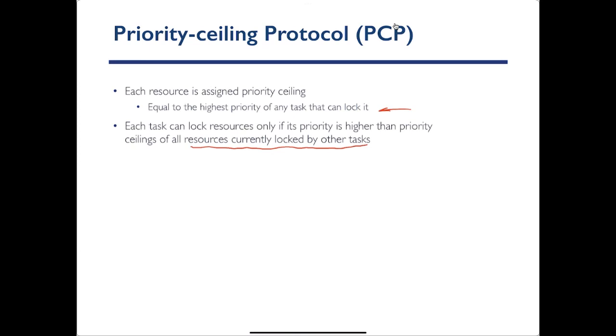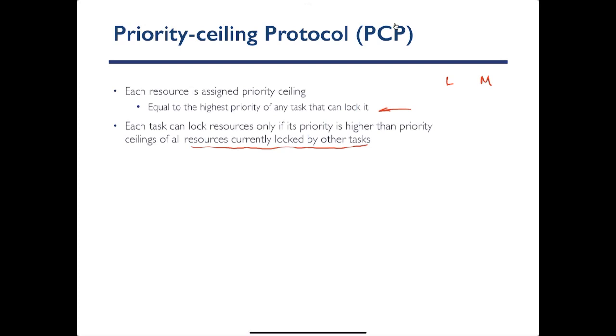But if you have a resource that is, oh, I'm so sorry. So if a task with priority low tries to lock a resource, then we're going to look at all the resources that are locked and see what their priority ceiling is.